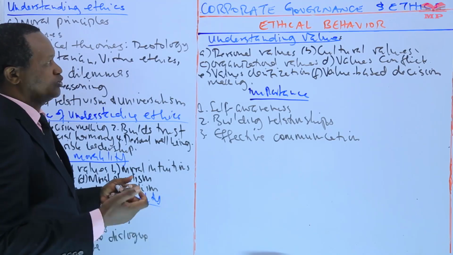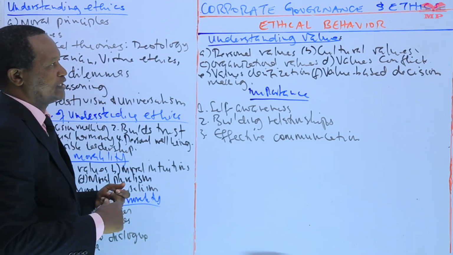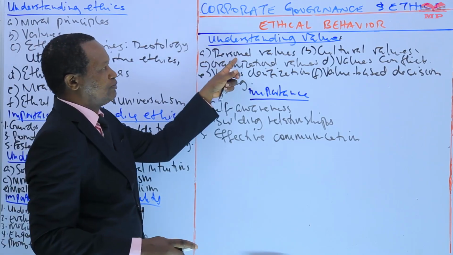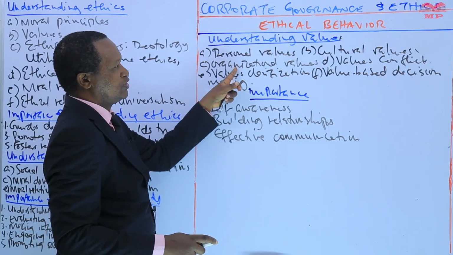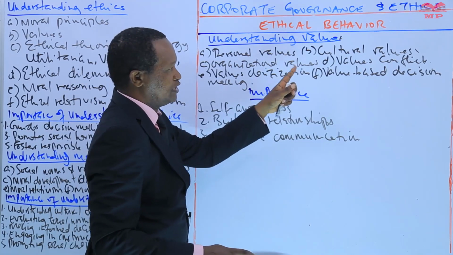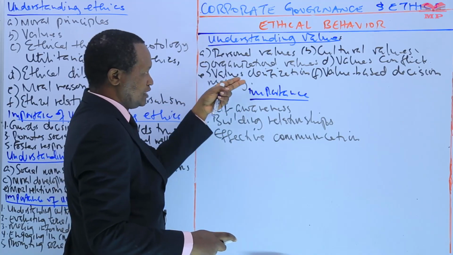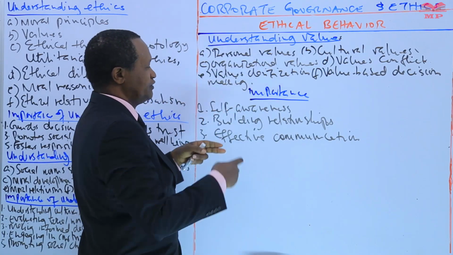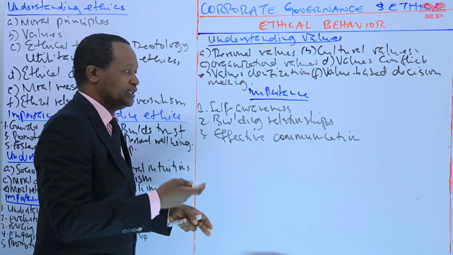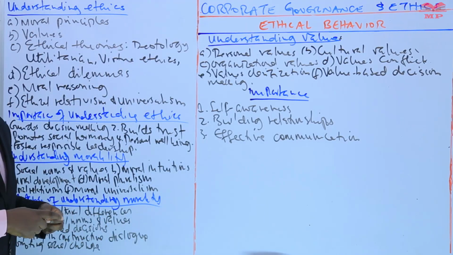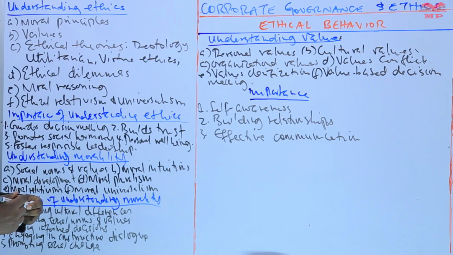In understanding values, you don't just understand your personal values, but also organizational values and cultural values. We understand the conflicts that may arise, value clarification, and value-based decisions, and that can help in effective communication.